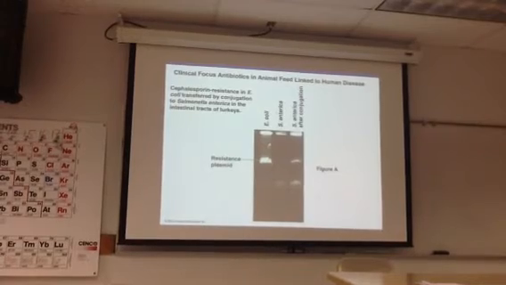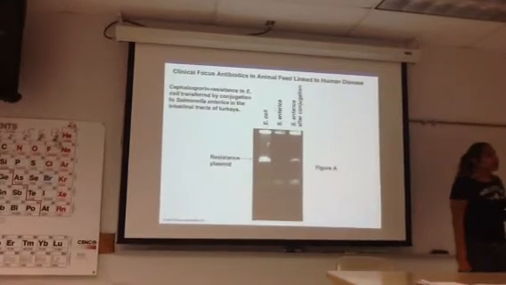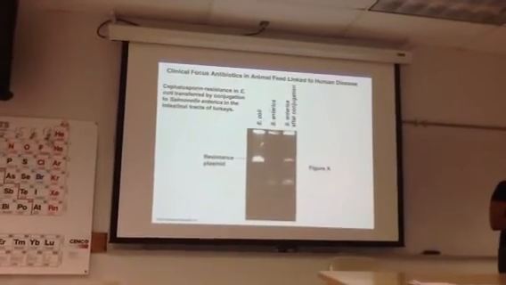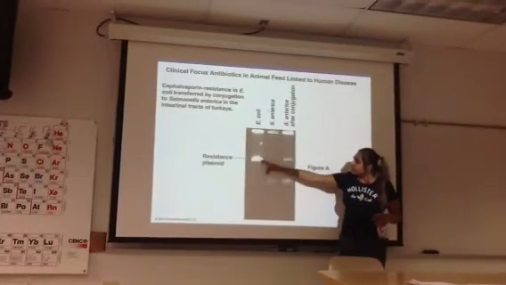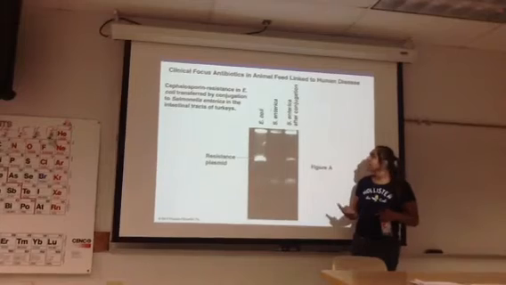Do you understand what's going on here? No, you don't. E. coli has this plasmid that has this resistance factor, right? So what they did, they ran a sample of E. coli. They found the plasmid with the resistance factor to a certain antibiotic.